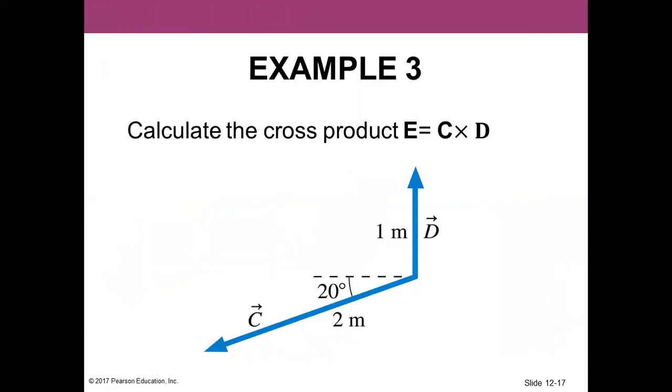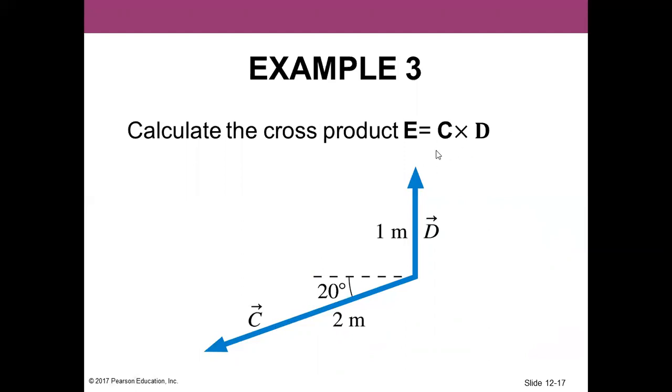Okay, let's consider this example here, where E is the cross product of C and D. So we have D here, which is pointing upwards, and we also have C, which is pointing 20 degrees below the negative x-axis. So we need to calculate E here.